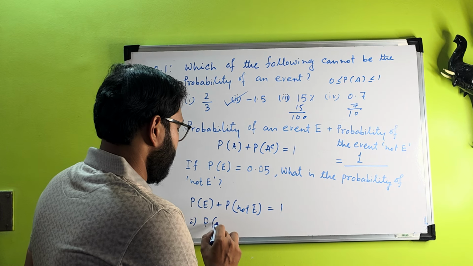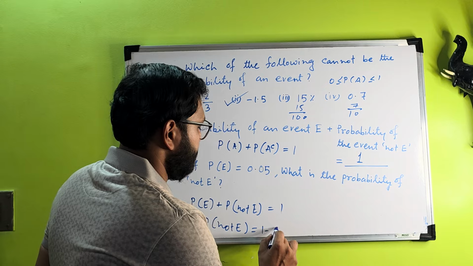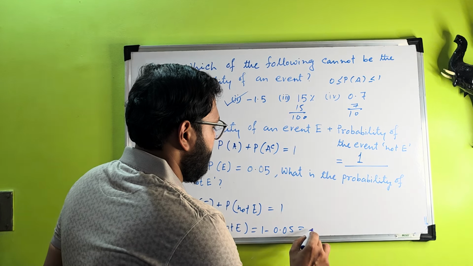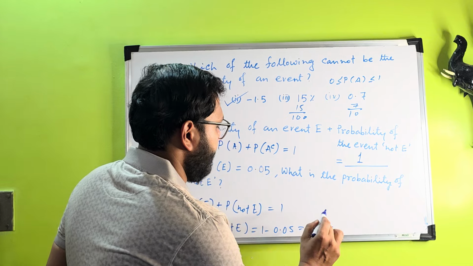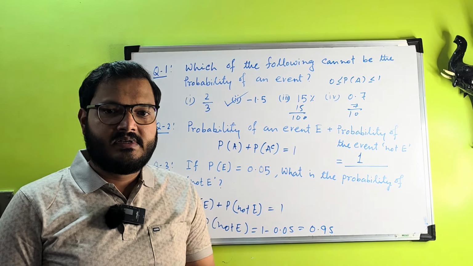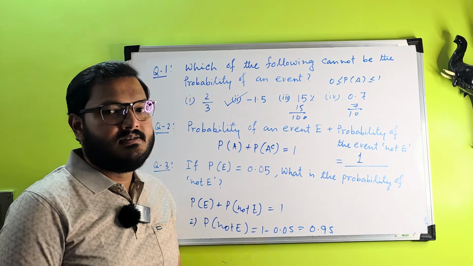That implies probability of not E equals 1 minus 0.05, so it will be 0.95. That's the answer. I hope it's clear. Let's jump to the next sum.